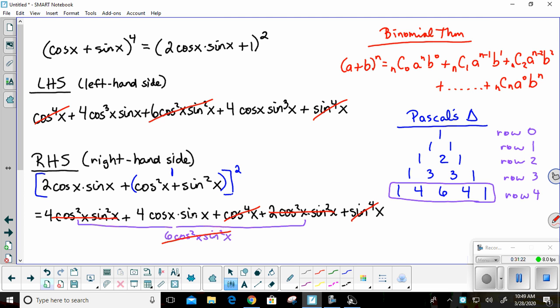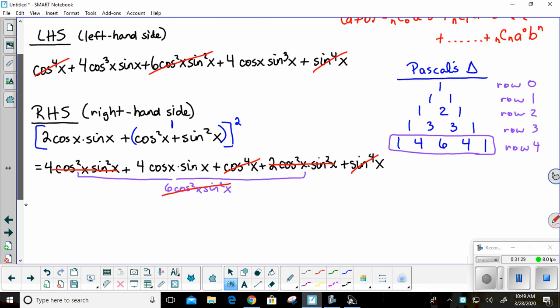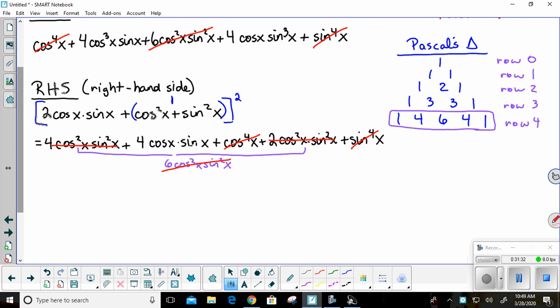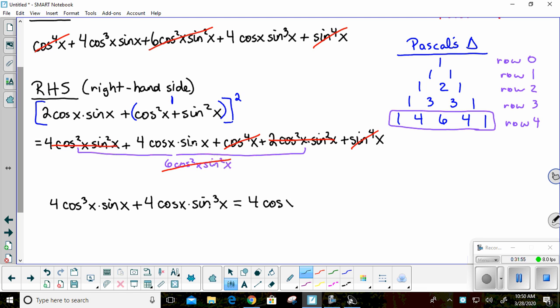Now we are down to just 3 terms, 2 on the left and 1 on the right. Hallelujah, praise the Lord. So let's rewrite this equation now after we canceled out all the crap that we could. So my new equation is 4 cosine cubed x sine x plus 4 cosine x sine cubed x equals 4 cosine x sine x.